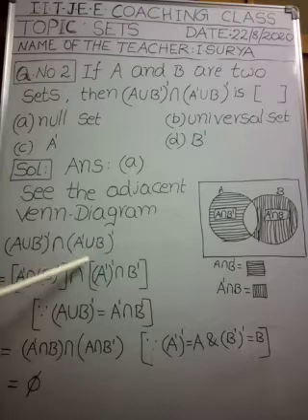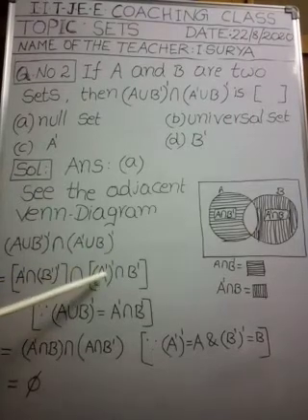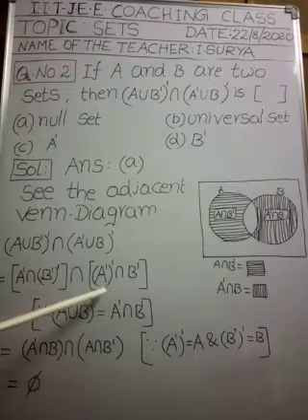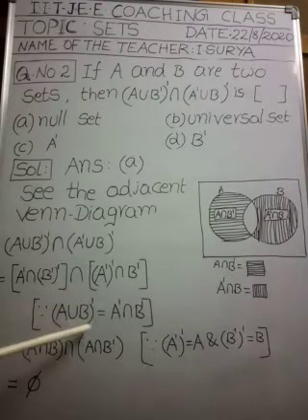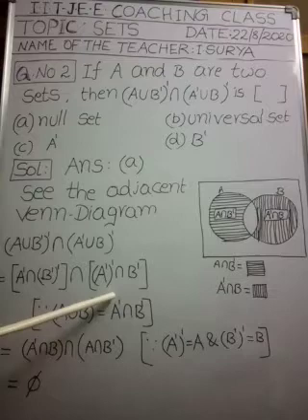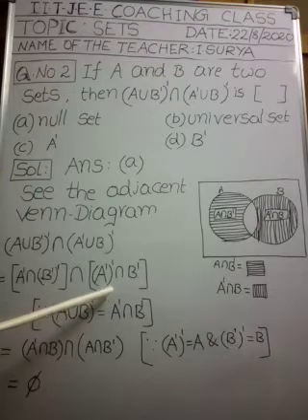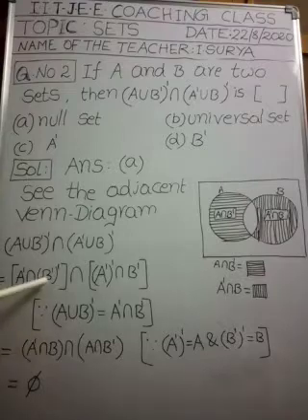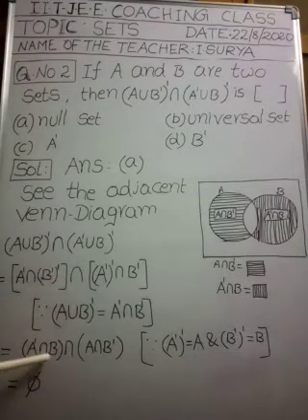Here also we use the same formula. So (A dash) whole dash intersection B dash. Understood this part, my children? Right. By using this formula, we got this step. Understood this step, my children? Right. That is equal to A dash intersection B dash whole dash is equal to B. Okay, my children, understood this part?